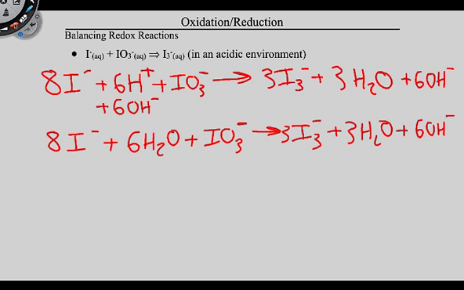But then, guys, further simplifying this, what we end up with then is these 3 waters reduce this to a 3. And now we have an excess of hydroxide respecting the basic environment.